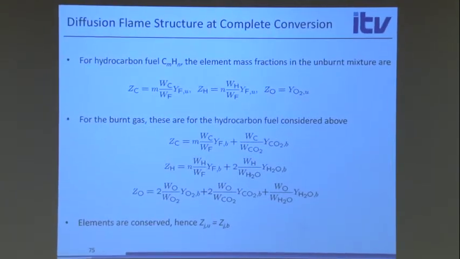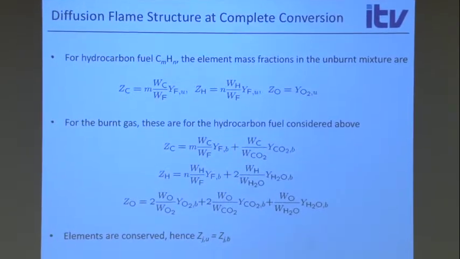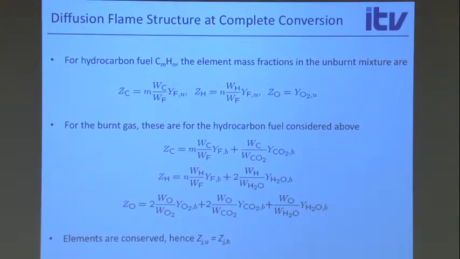For the combustion products, CO2 and water, we use the fact that element mass fractions are conserved over combustion. So I can write the element mass fractions for carbon, hydrogen, and oxygen as a function of the unburned fuel mass fraction and oxygen mass fraction. And I can also write these for the burnt case.